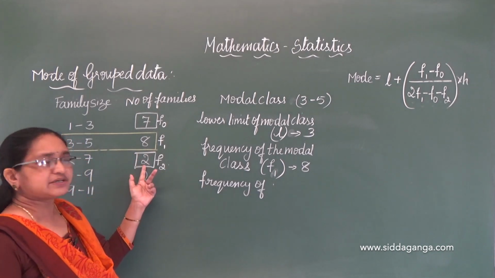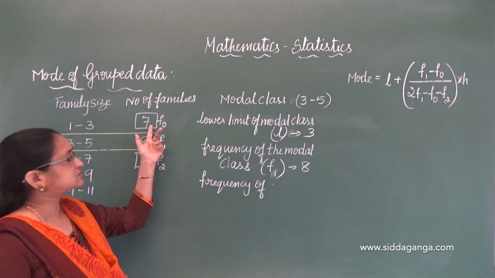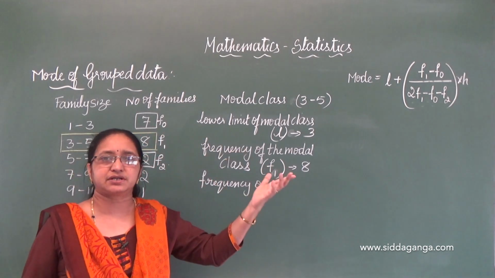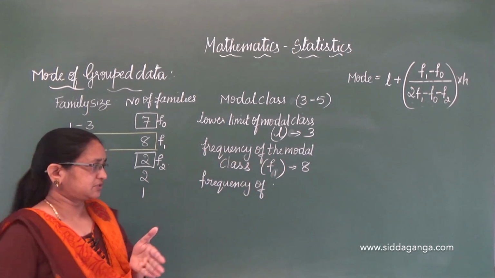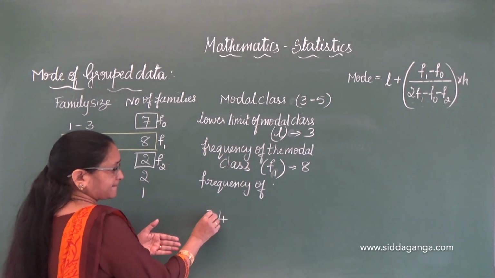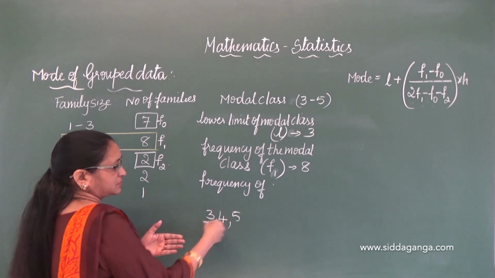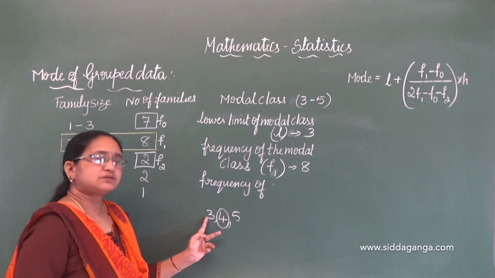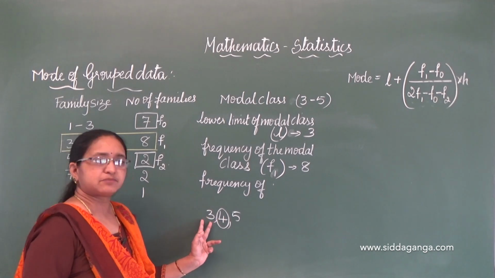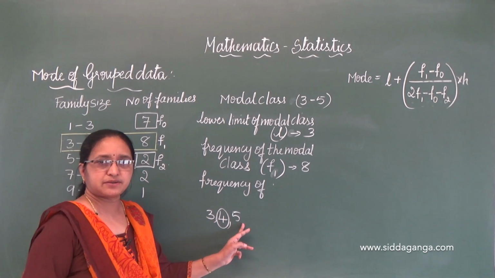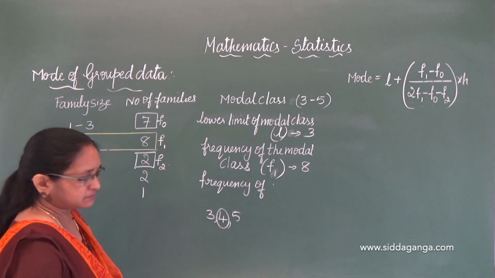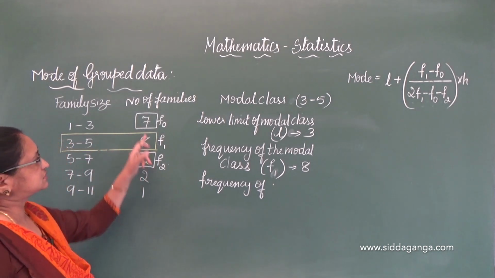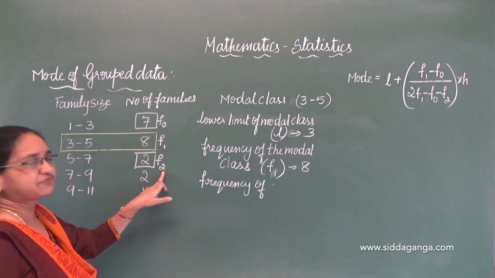You all know the meaning of preceding and succeeding. See, 4 is the middle term, this is the predecessor number and this is the successor number. So I hope you understood this. This is F0, F1, F2.